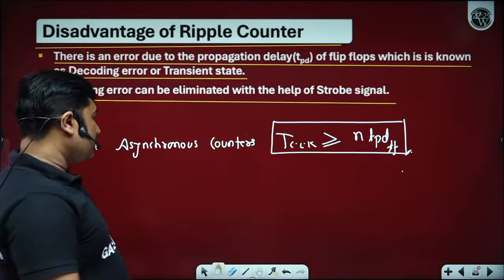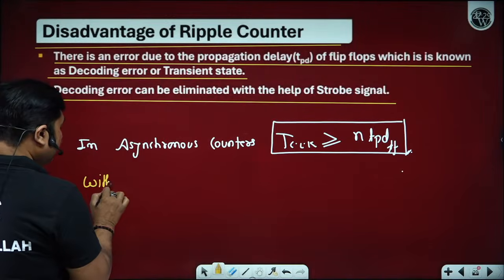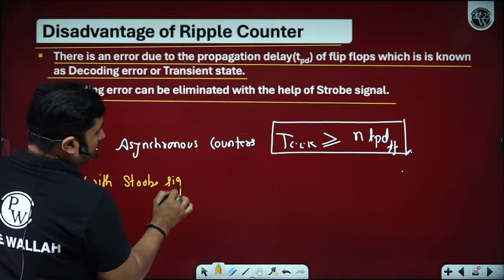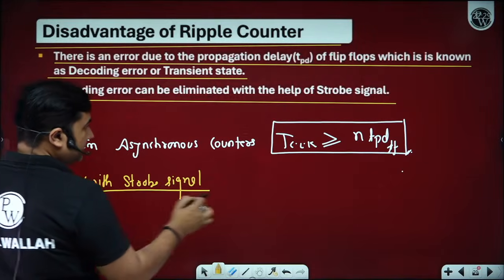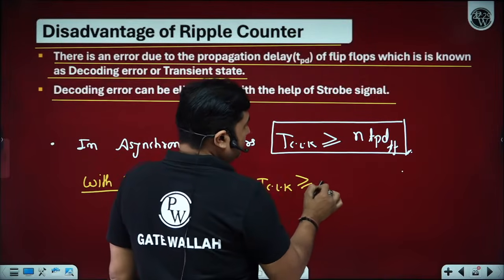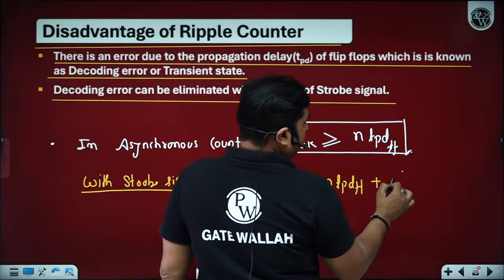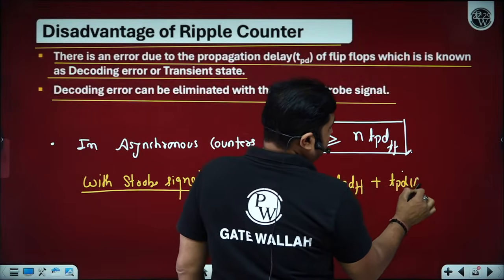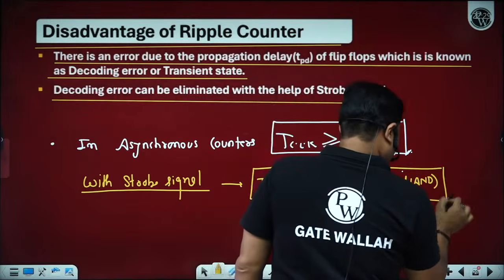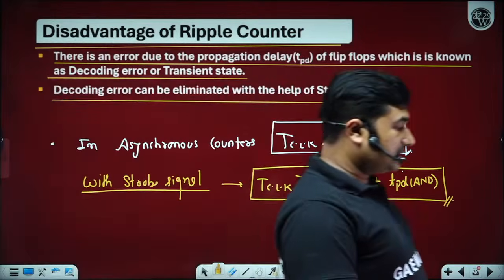If we are using a strobe signal, then because we are using one AND gate, TCLK needed will be greater than or equal to n TPD FF plus TPD of the AND gate. So always remember this. Hoping all of you are able to understand up to this part.